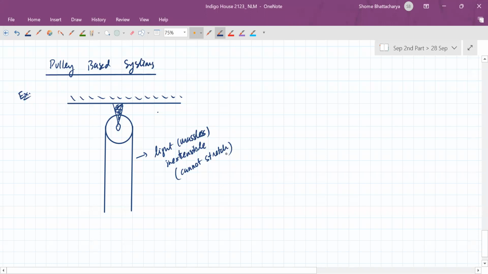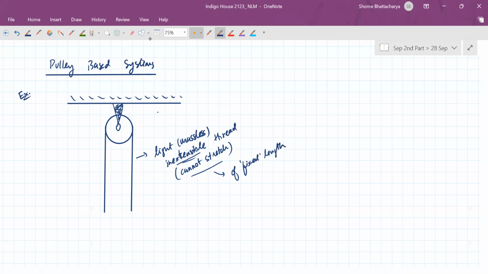It's not like a rubber band. It's like a regular thread. So if it cannot stretch, or it is inextensible, it means that it is of fixed length. That kind of rope is used.